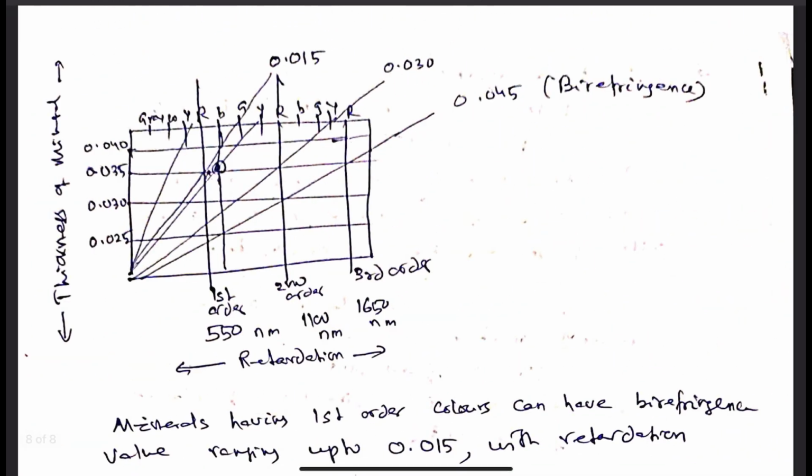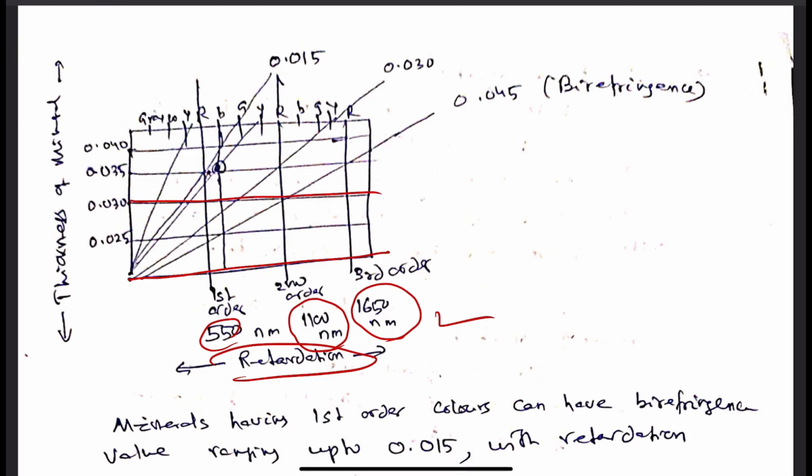This is a general simple diagram. The retardation value is noted here: first order having 550 nanometers, second order 1100 nanometers, third order 1650 nanometers. This is the birefringence, this is the retardation value, and here it is thickness, and we have the thickness lines.